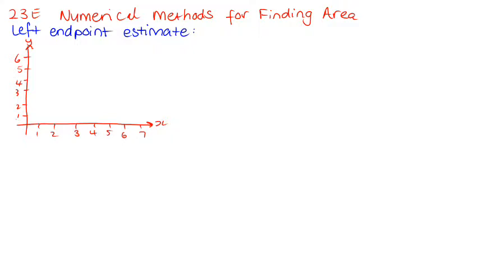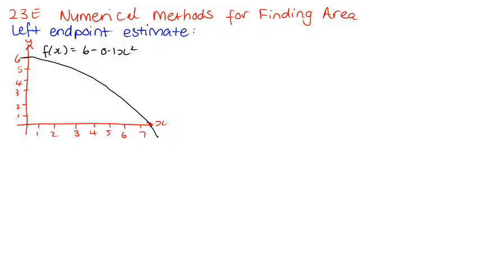Okay, so it goes about down like that. So this is the function 6 minus 0.1x squared. So that's that line there.